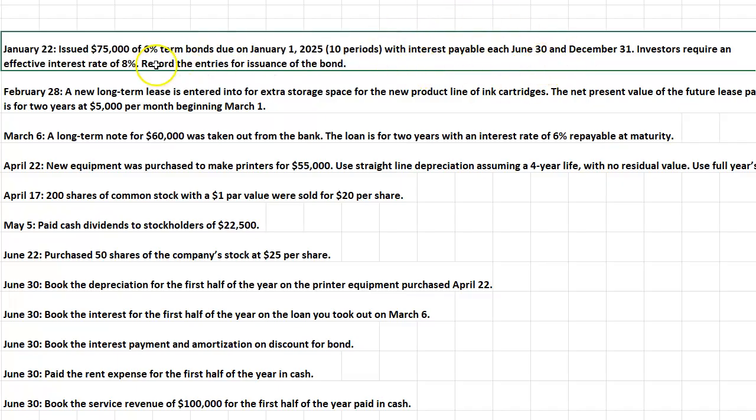So we can use half of that, which is 4%. And let's see, we have our 6% bonds. So our semi-annual interest is going to be 75,000 times 6% times 6/12, which is half the year because we're going to have half as much, right? We're going to divide that by 2.